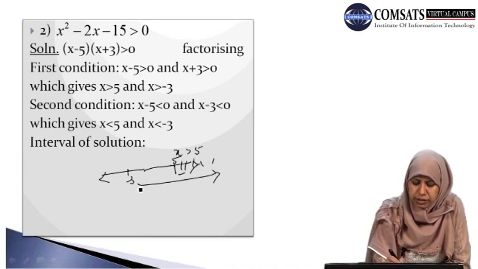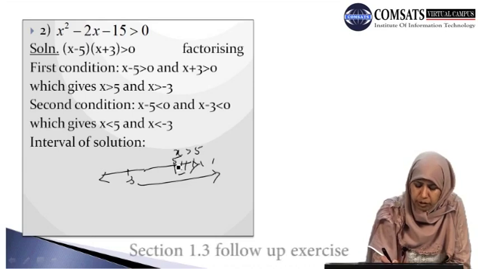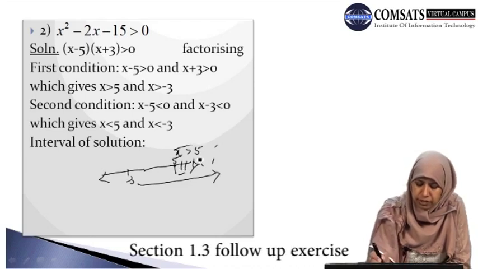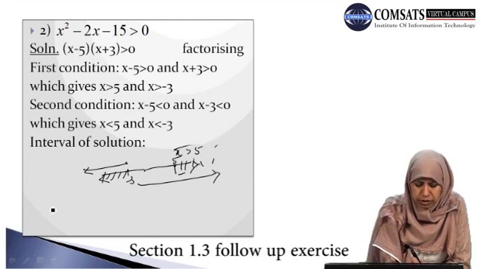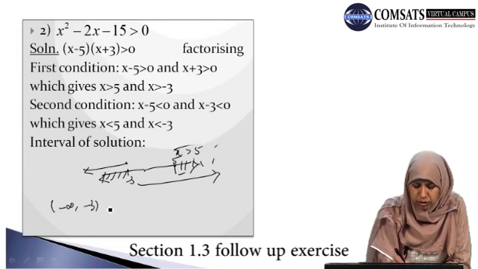The second condition gives us that x is less than 5 and x is less than -3, and x is less than -3 means this point onwards. So our solution is -infinity to -3 union 5 to infinity.